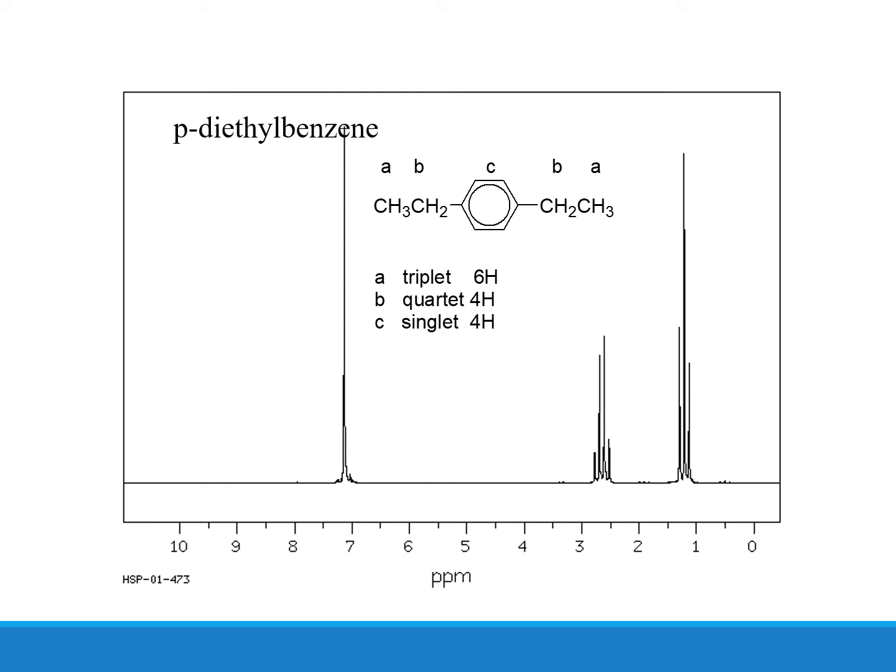And the terminal methyl groups split the methylene groups, the two hydrogens in B, and appear as a triplet far to the right, around 1.5 or 1.3 or 1.4 chemical shift.